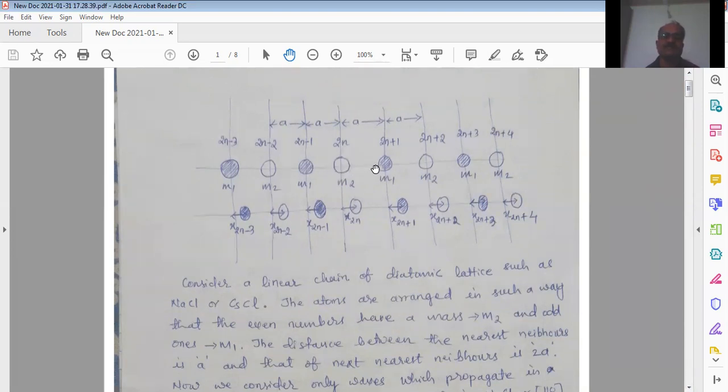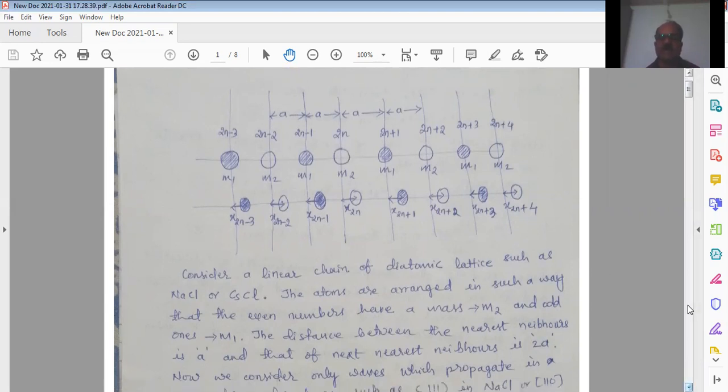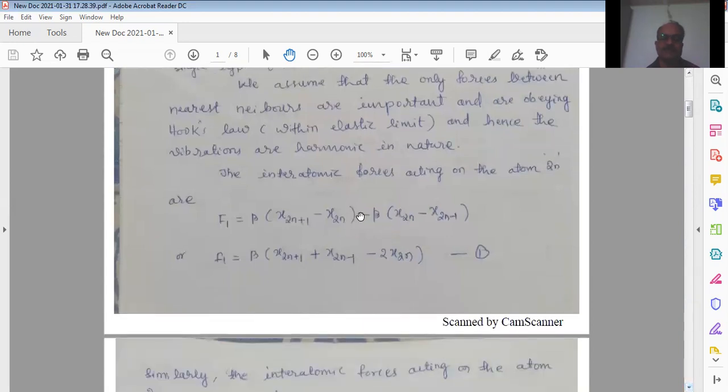These are the two forces acting on the atom 2n, and since they are opposite to each other, we subtract one force from the other. So the negative sign comes because of this reason, and this equation simplifies to F1 is equal to beta into (x2n plus 1 plus x2n minus 1 minus 2x2n). Just simplify this, you will get this equation.